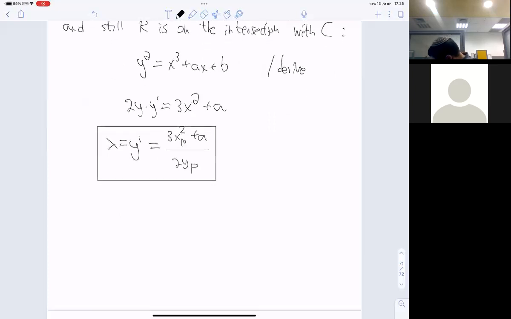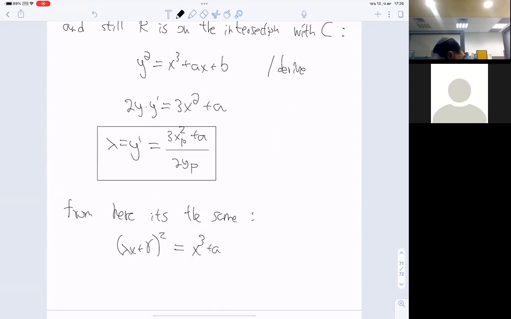From here it's the same. Once you have lambda, you are doing the same thing, lambda x plus the intercept.